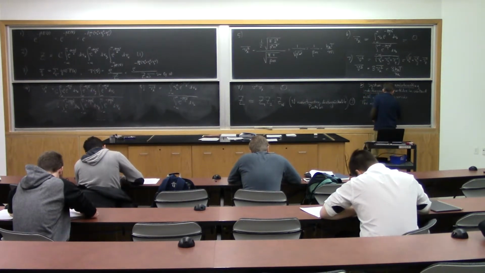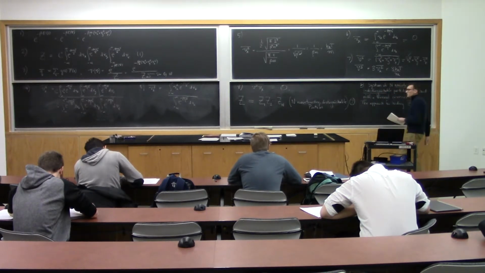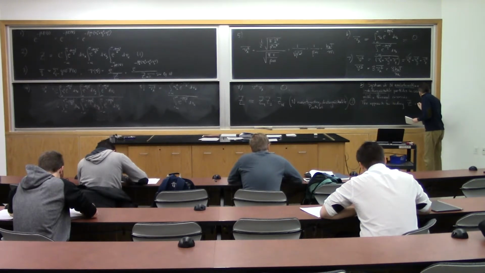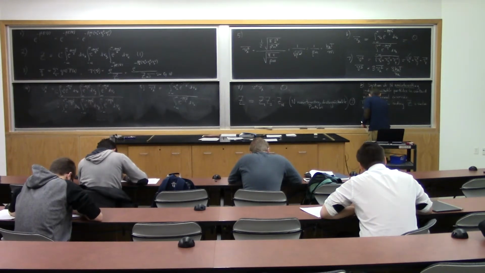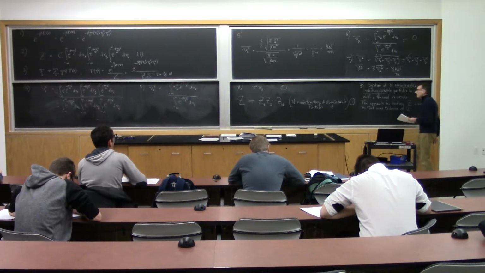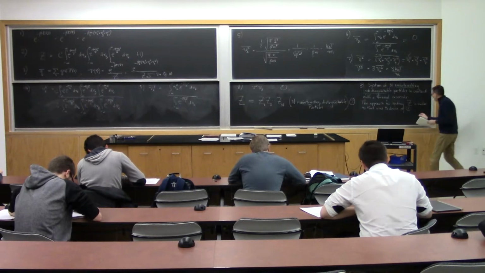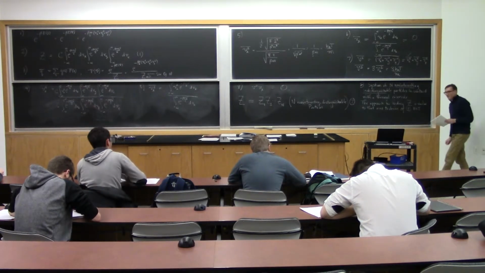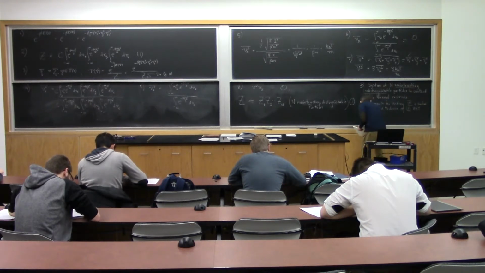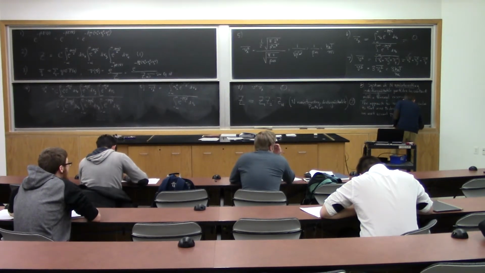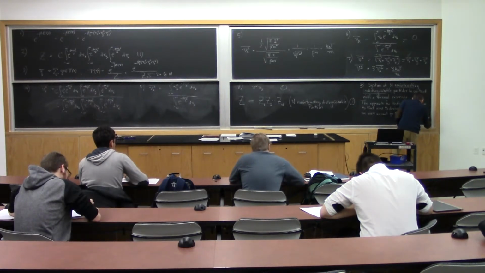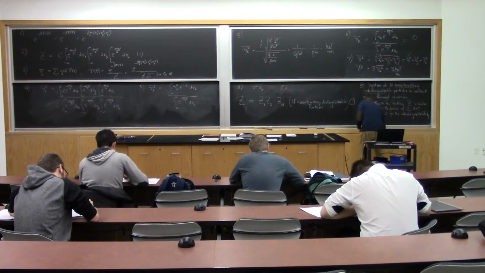All right, so the approach for finding the partition function for this system, Z, is similar to that used to derive equation 7, but we must account for the indistinguishability of the particles.